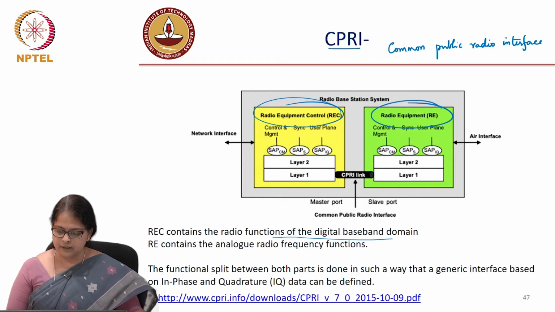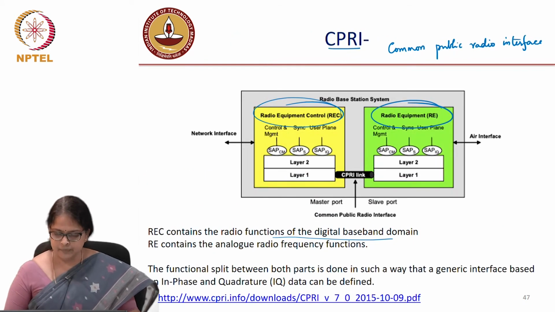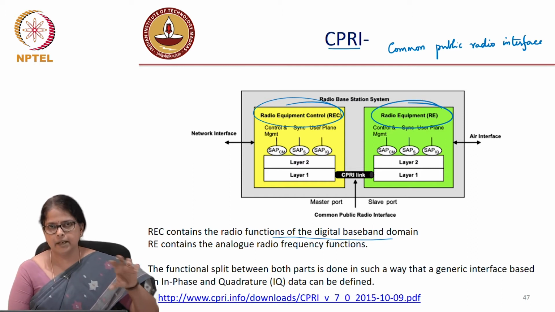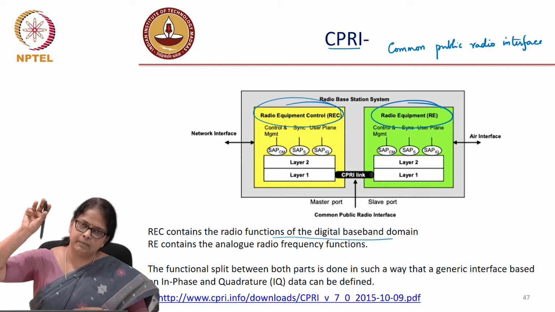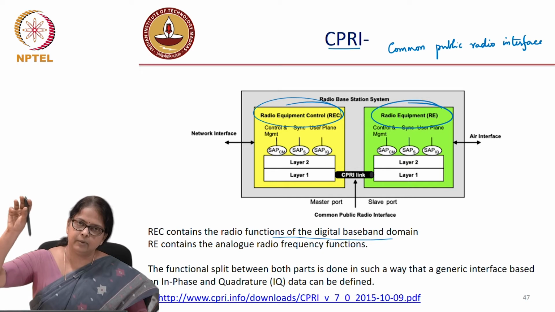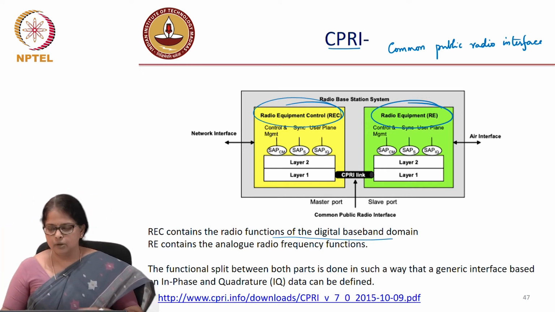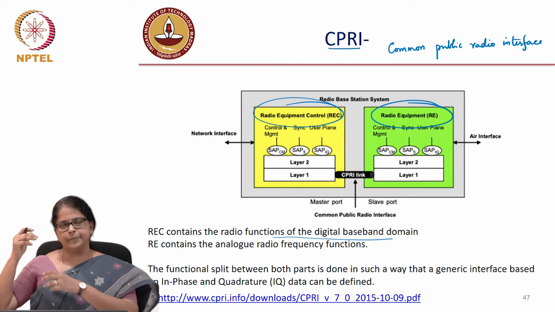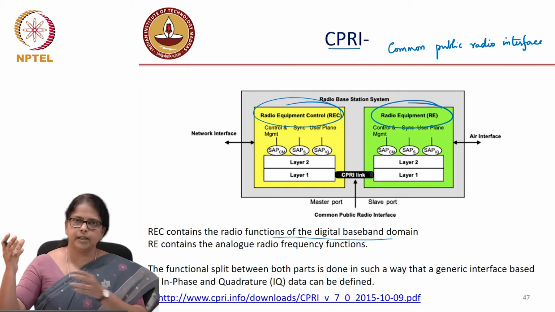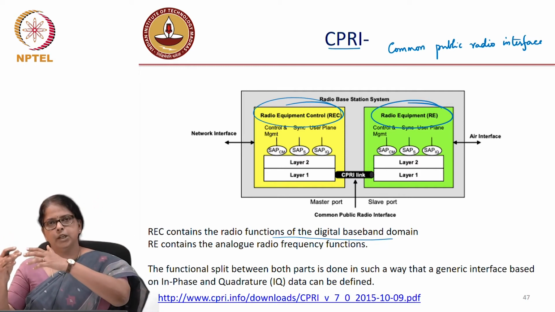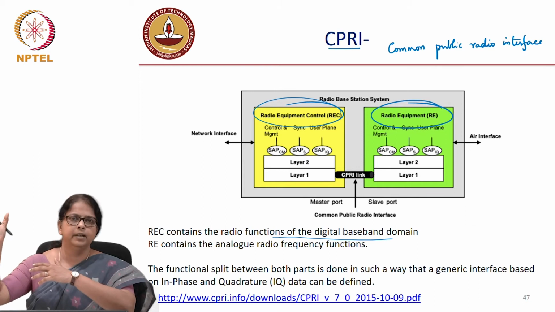The radio equipment control operates in the baseband domain, whereas the radio equipment itself refers to the antenna, the power amplifier, the local oscillator, the RF generator, the high frequency generator, etc. So the radio equipment refers to the location of the antenna, where the high frequency is generated, the baseband data is modulated, and then it is power amplified and transmitted.